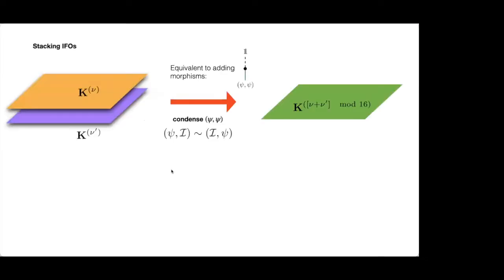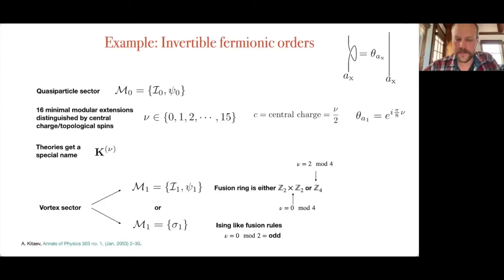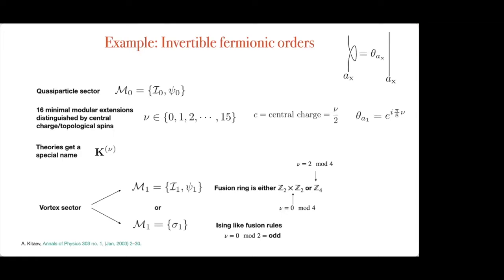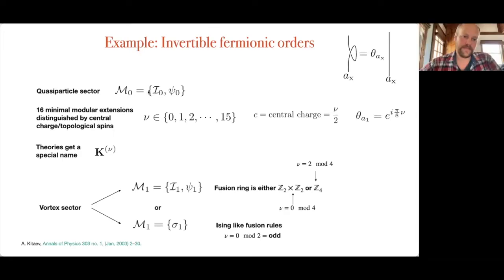Oh, sorry, can you briefly clarify why your root of unity in the topological quantum field theory must be a 16th root of unity? For the invertible fermionic phases? Yes. Yeah, so what you can do is write down all of these fusion rules and check that those are the only possible fusion rules you can get for a minimal modular extension, namely one whose total dimension of the M1 sector is equal to the total dimension of the M0 sector.